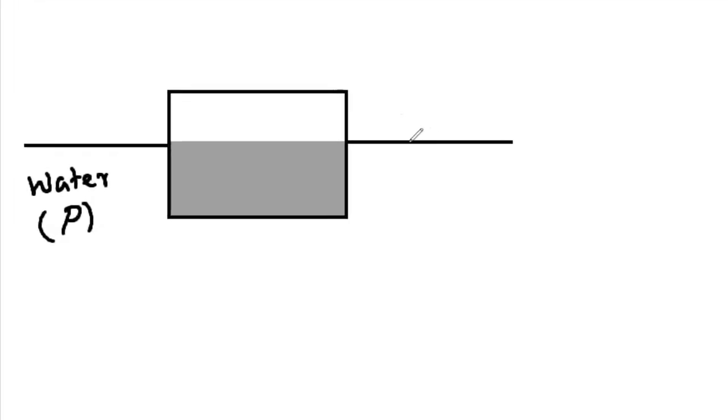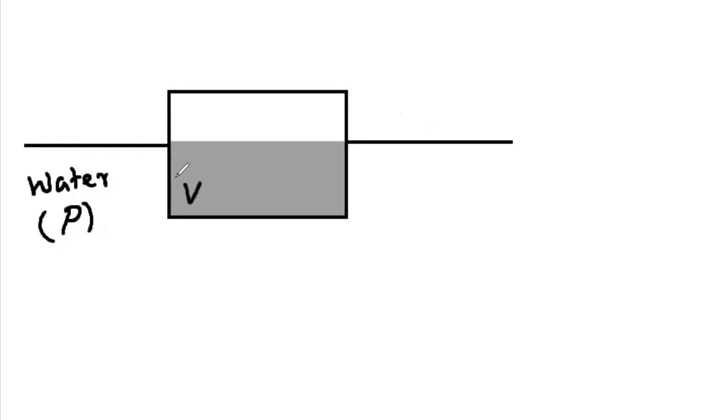Water is the most abundant liquid, and the density of water is going to be rho. This object's volume, the volume below the liquid level, the volume of the object which is immersed inside the liquid, is V.